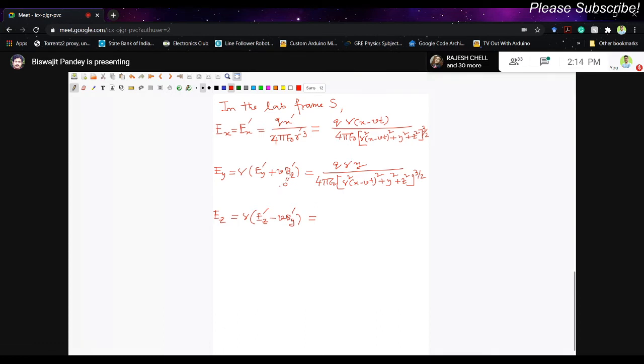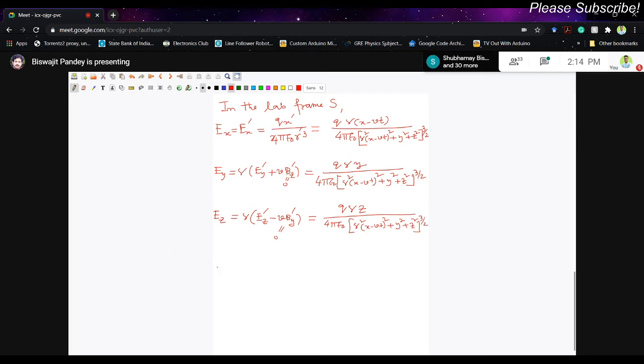But whenever the second term is a non-zero term and the first term is 0, then there will be a problem, right? So we should be careful. So Vy prime equal to 0. So I write q times gamma times z over 4 pi epsilon 0, and then gamma square (x minus vt) square plus y square plus z square whole to the power 3 half.